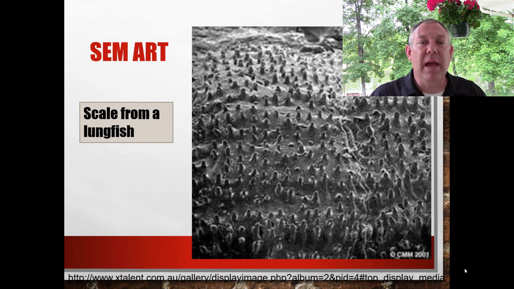These actually make the fish more hydrodynamic. You trap a boundary layer of water next to the fish. You would think being rough would inhibit your movement through the water, but actually being rough at the microscopic scale enhances your hydrodynamic efficiency. So this is pretty cool.